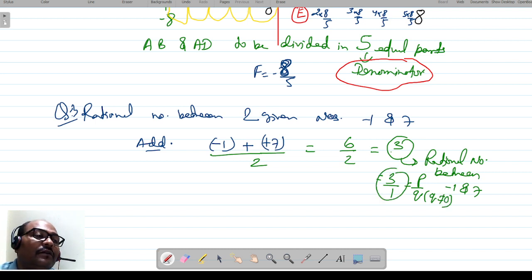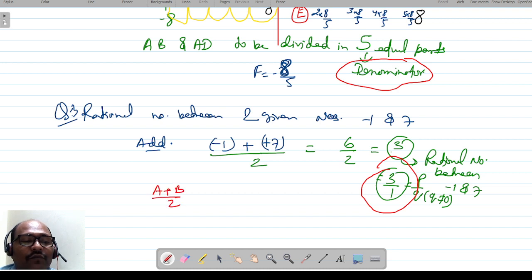Okay, right students? So whenever we need to find a rational number between two given numbers, just add them and divide by 2. If you want three numbers between two given rational numbers, then what will we do? Suppose a is the first rational number and b is the second rational number. We'll add them and divide by 2 to get a plus b divided by 2.